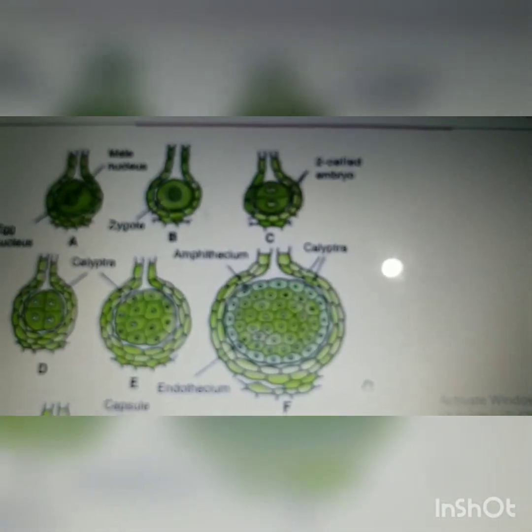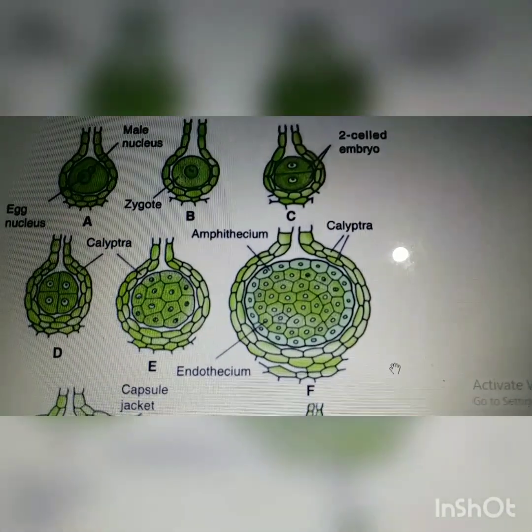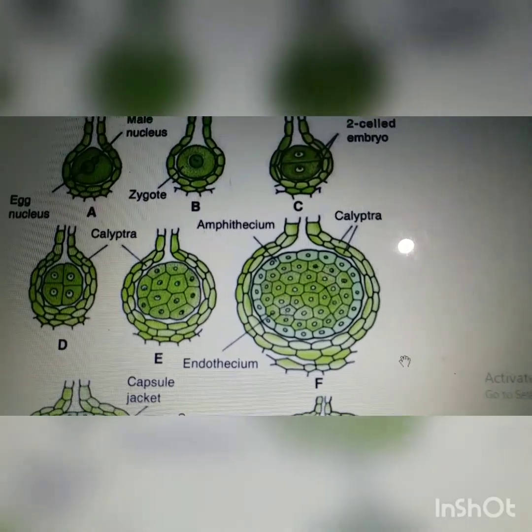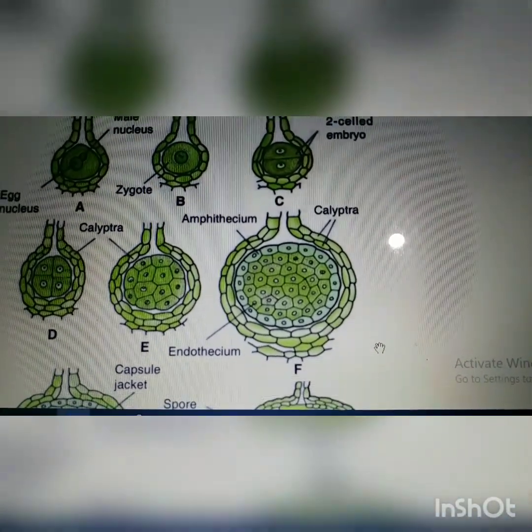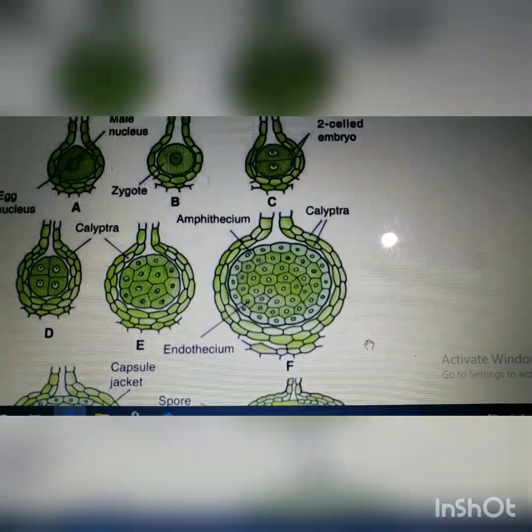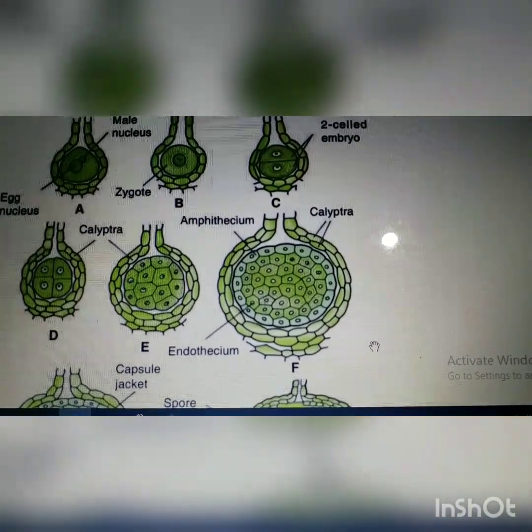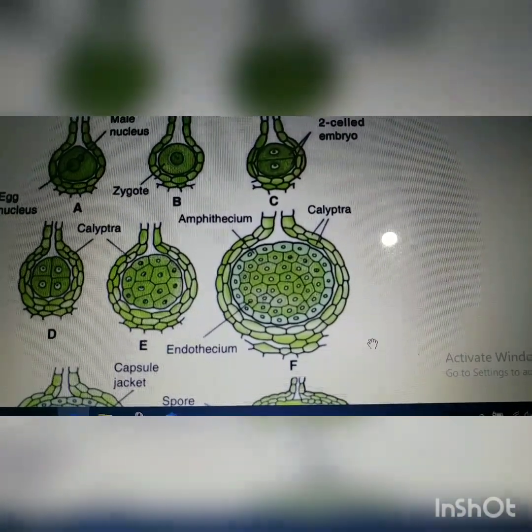See, I already told you two jacket layers are formed. The first layer is consumed or disintegrates just before the spore mother cells form the archesporium, and subsequently the second layer also.